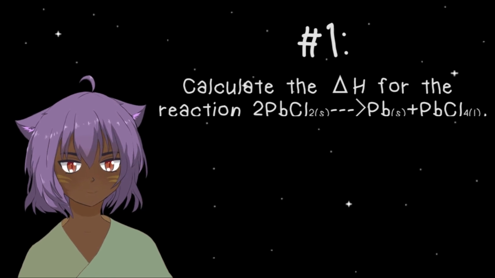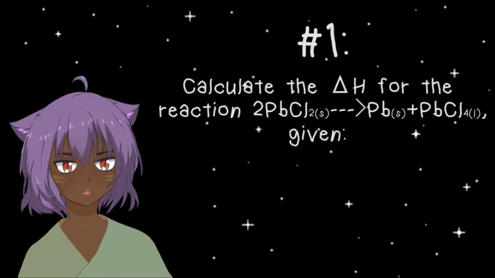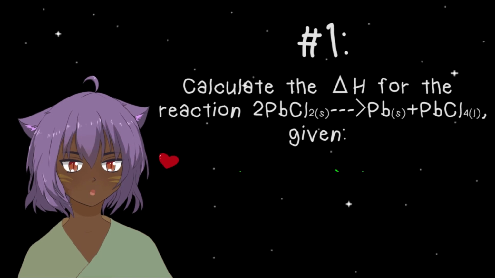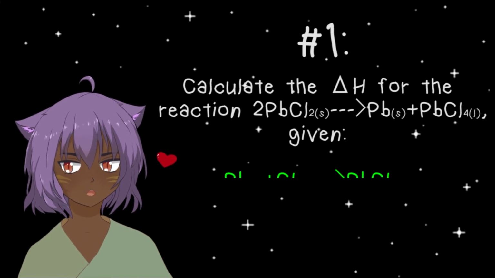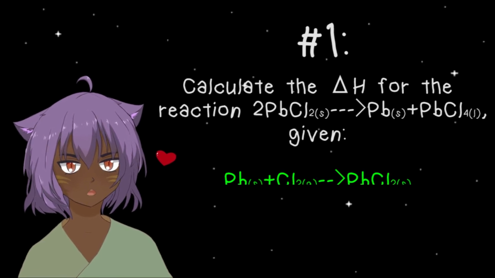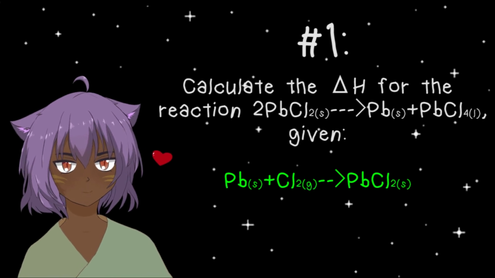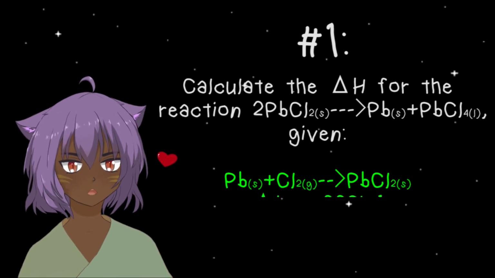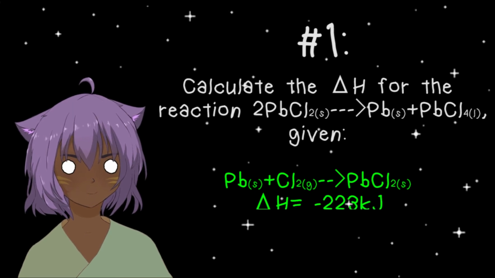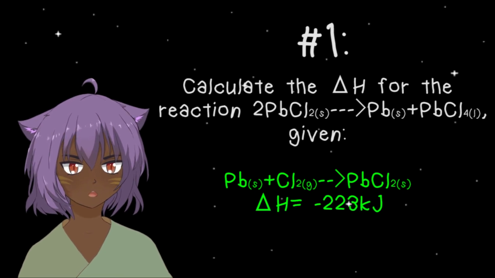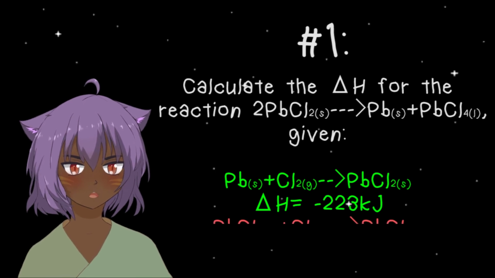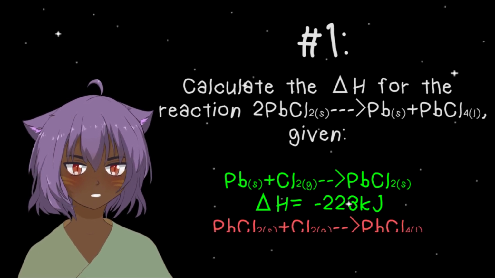Problem number 1. Calculate the enthalpy for the reaction 2PbCl2 solid yields Pb solid plus PbCl4 liquid, given the first equation: Pb solid plus Cl2 gas yields PbCl2 solid with an enthalpy of negative 223 kilojoules.